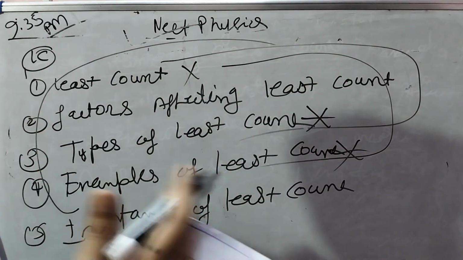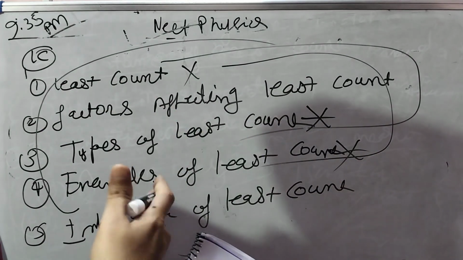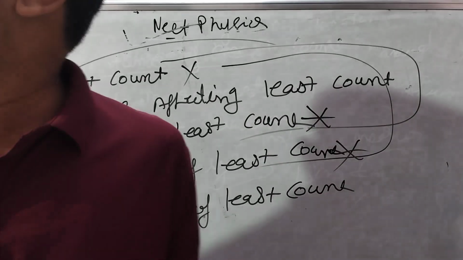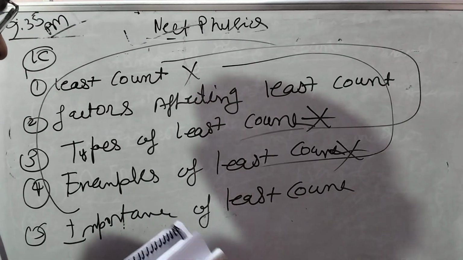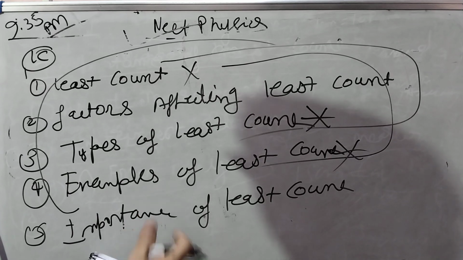Every topic and unit: physics and measurement, then the subtopic. I think 20 or 25 minutes of class is very sufficient for least count.